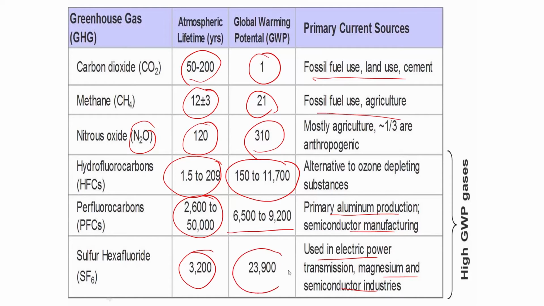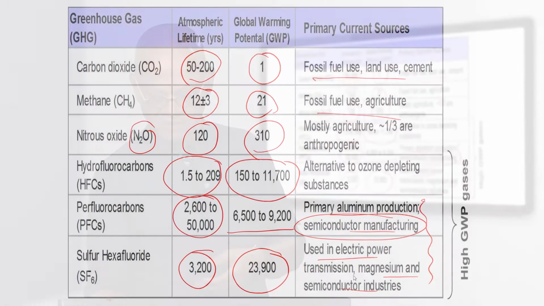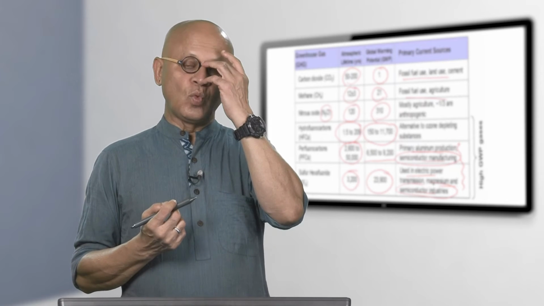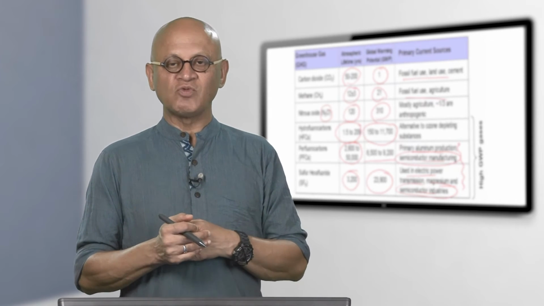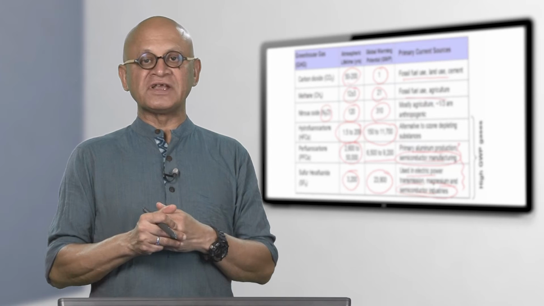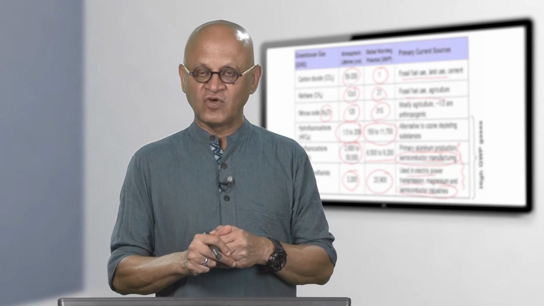This has almost 25,000 times the global warming potential, and it can stay for 3,200 years. All the industrial development, scientific progress, everything comes from these things, right? So we always have to be careful where the energy is coming from, what we are doing in terms of the materials we are using for our comfort and our progress, and so on and so forth.